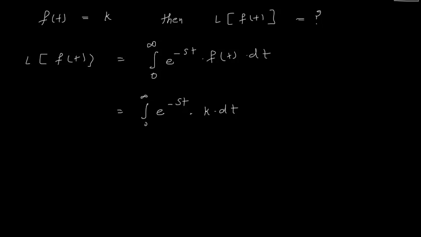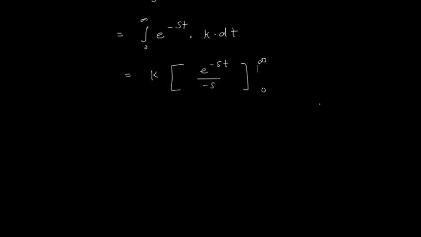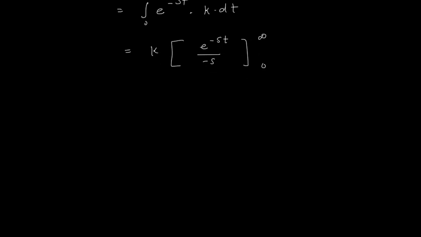Now k is constant, so we can take it out. Integration of e raised to minus st is e raised to minus st divided by minus s. Limit we put 0 to infinity. This is equal to minus k upon s, this I will take outside.